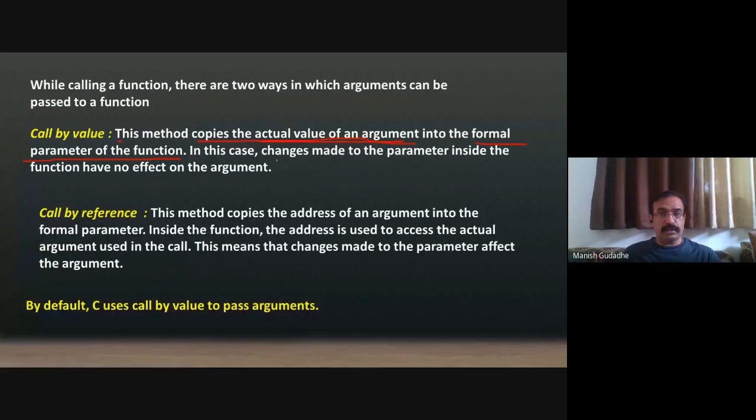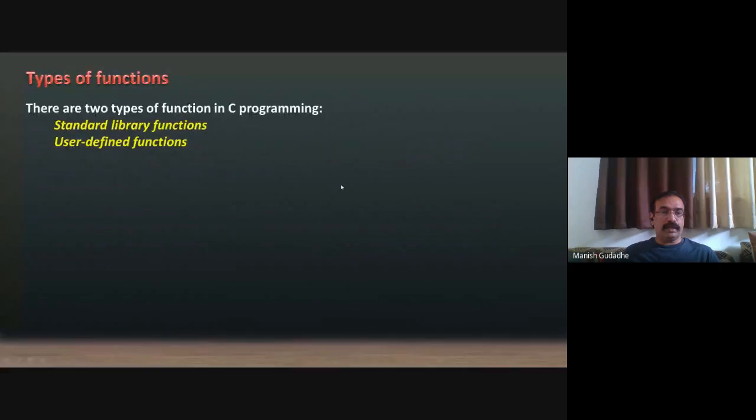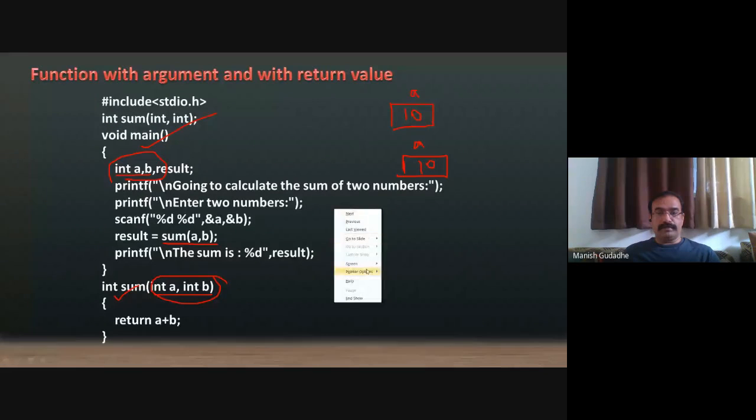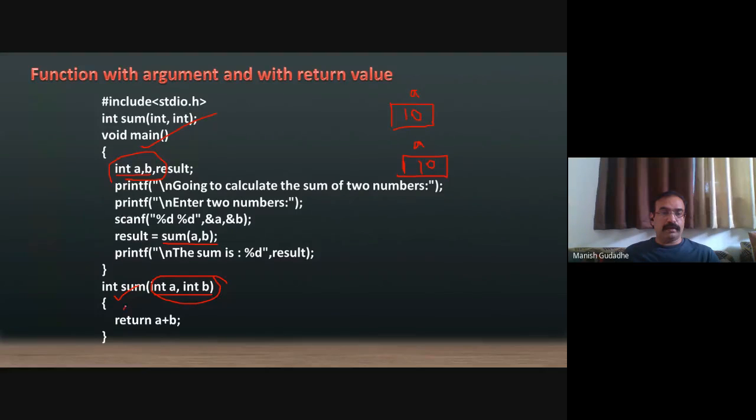In this case, changes made to the parameters, the formal parameters inside the function, have no effect on the argument. So in this case, even if I'm changing A is equal to A minus 10 or A minus 5.